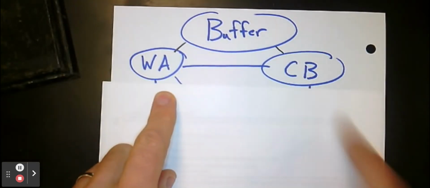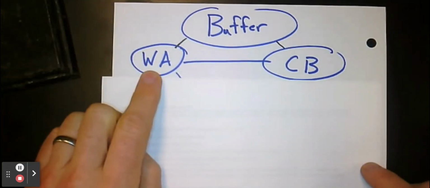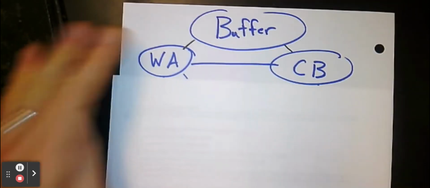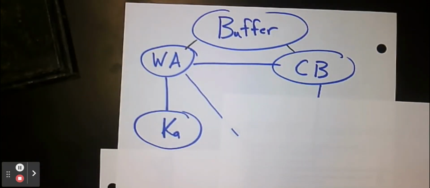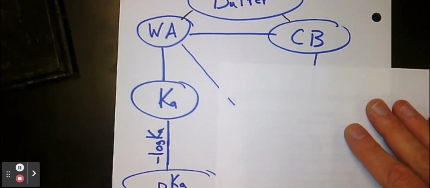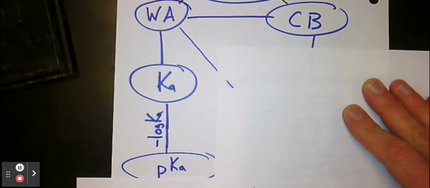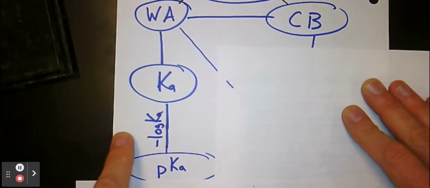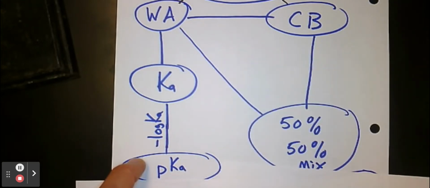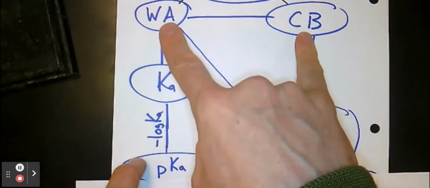Okay, so a buffer is a weak acid and its conjugate base. Now, weak acids have values that describe their ionization. That's the Ka value, all right? And the Ka value you can turn into your pKa value if you take the negative log of it. And then the interesting thing comes about when I take a 50% mixture of these two.